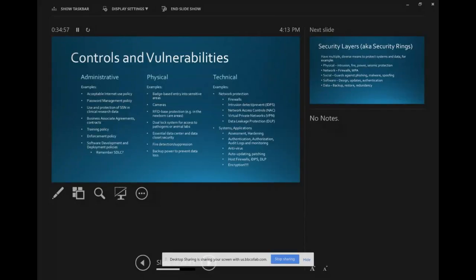So physical controls would be trying to protect the asset, the physical access to the asset. For example, to get into the main computer room for the campus, first off, you have to know where the building is. That's sort of a weak physical control.